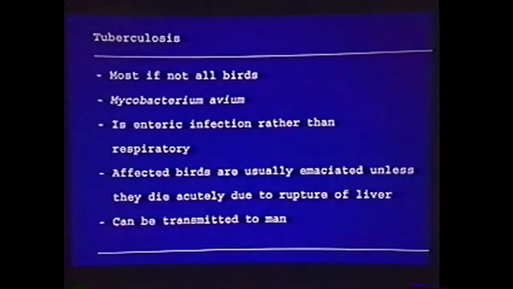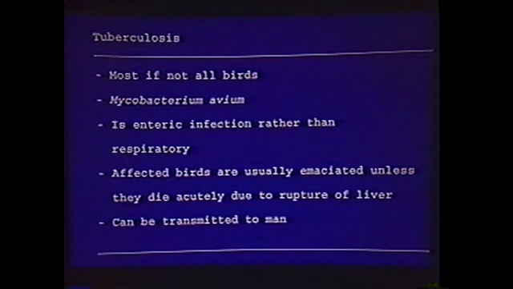At necropsy, you'll see that with TB the lesions are widespread. It's not confined to the intestine and liver, but you will see it in other tissues as well as in the bone marrow, affecting the bones too. It's caused by Mycobacterium avium, and infection is by ingestion, and from there there will be bacteremia and spread of the organism to various tissues.